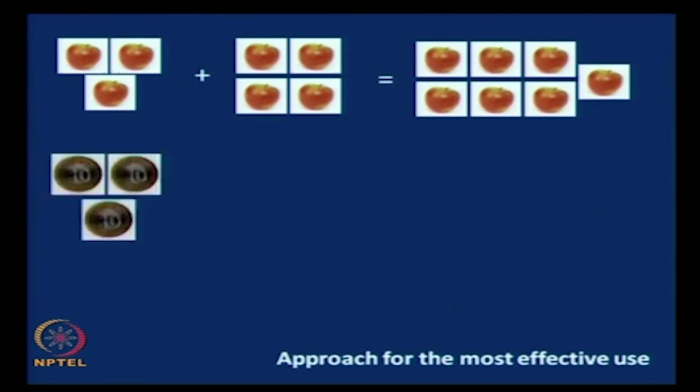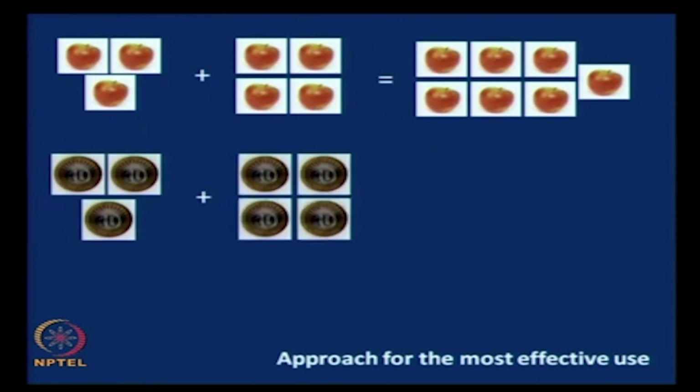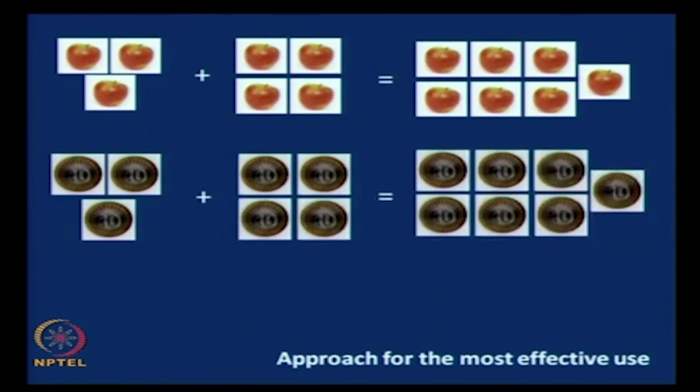Similarly, if you took 3 coins and added 4 coins to it, you would have 7 coins. Instead of talking about 3 apples separately or 3 coins separately and so on and so forth, if we recognize that this can be abstracted as the number 3 and this can be abstracted as the number 4, the sum would always be equal to 7.